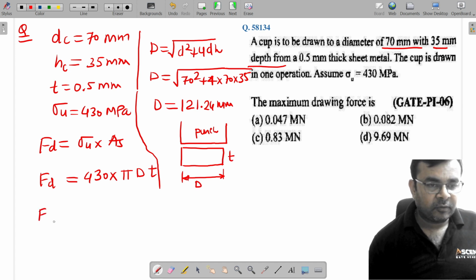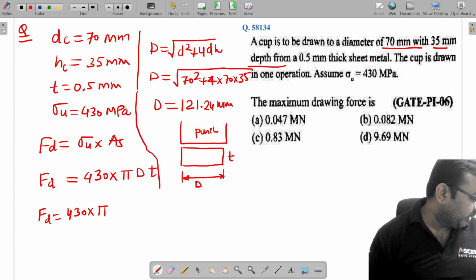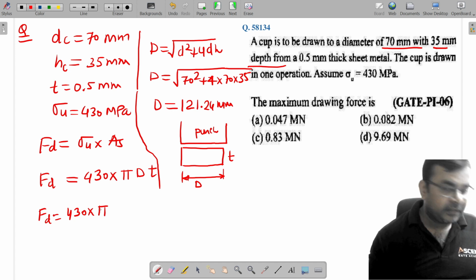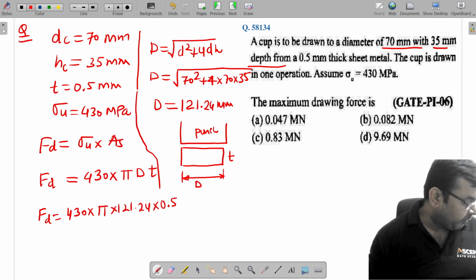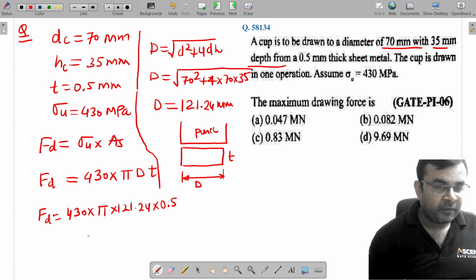That's why I'm writing this formula. So FD is equal to 430 into pi into 121.24 into thickness, which is already given here. It is 0.5. Yes or no?